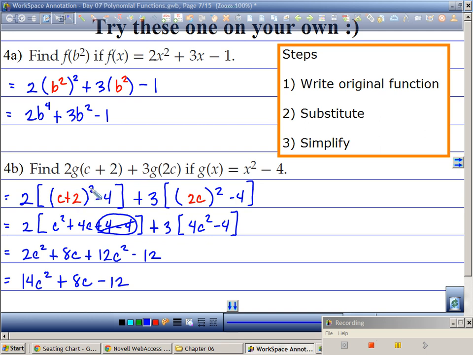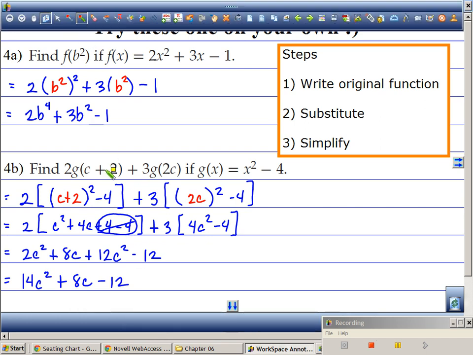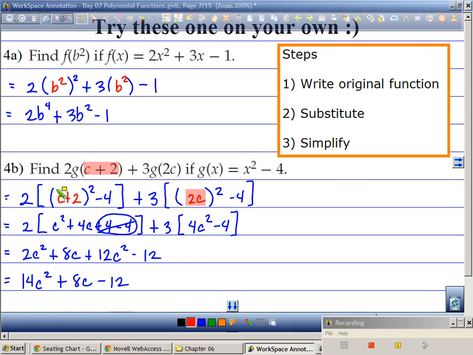This is x squared minus 4 and x squared minus 4. That's our function right there. Because it's saying the 2 of the functions where instead of x, we're going to plug in or substitute in c plus 2. And 3 of the functions where instead of x, we're going to substitute in 2c.